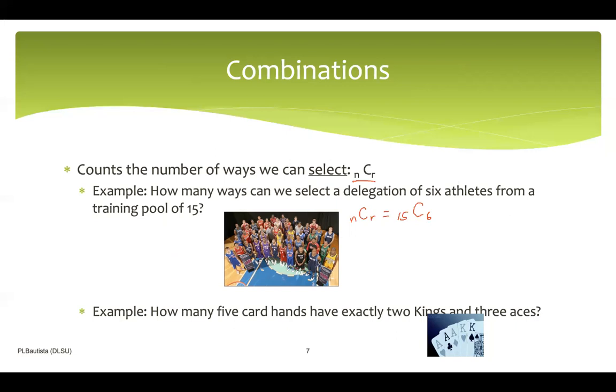Okay, so now you can compute this number using your calculators. For calculators, you will need to find the nCr button. So just type 15 followed by the nCr button and then followed by 6.